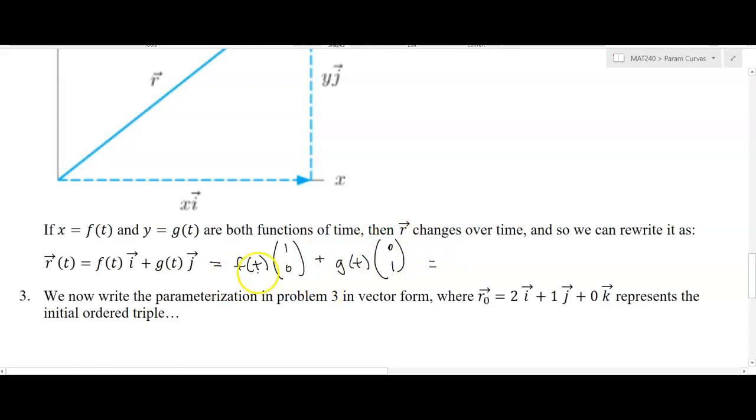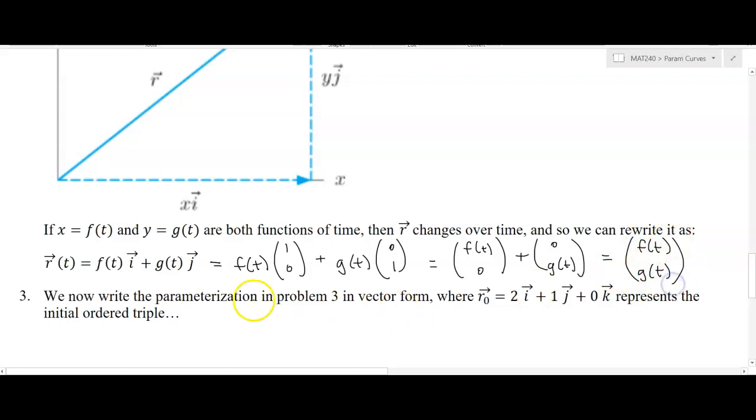If you simplify this, it becomes f of t, 0 plus 0, g of t, and when you add these together, you just get f of t and g of t, which are the two functions controlling our x and y components in that vector function.